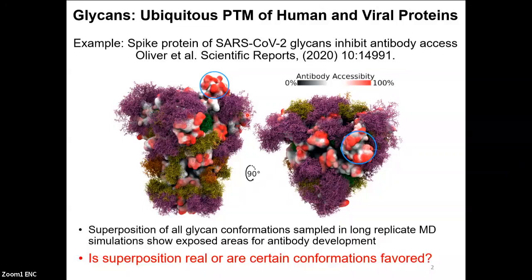And so the question arises, is this accurate? Are the glycans really flopping around like this, or do they actually have preferred positions? That's really the question that I want to address today and show you some methods and techniques that we've been developing to try to address questions like that.